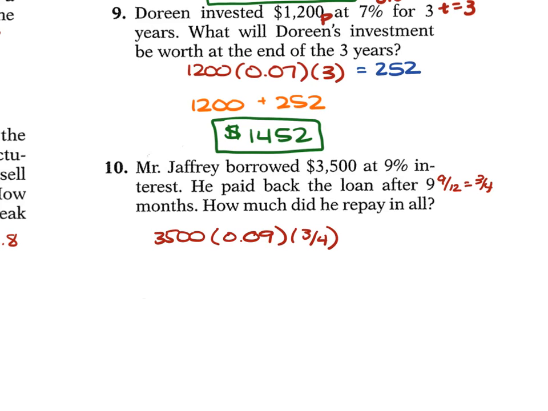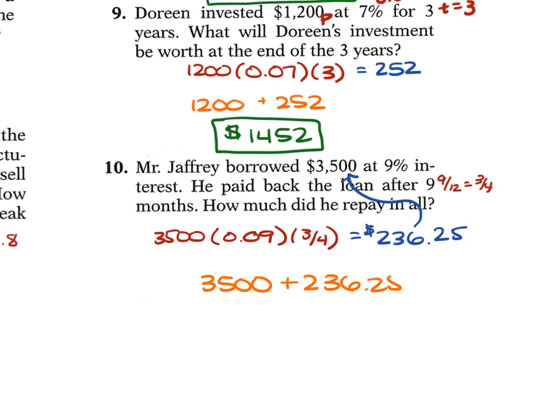When we do this, it's going to give us $236.25. So we add that to the 3,500, and that leaves us with a total that he's paying back of $3,736 total.